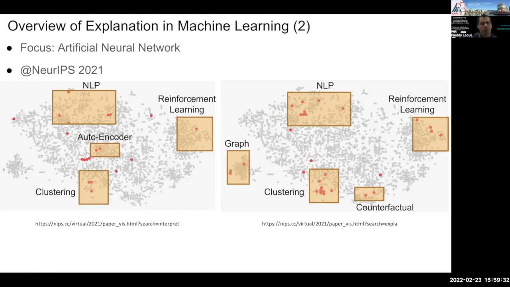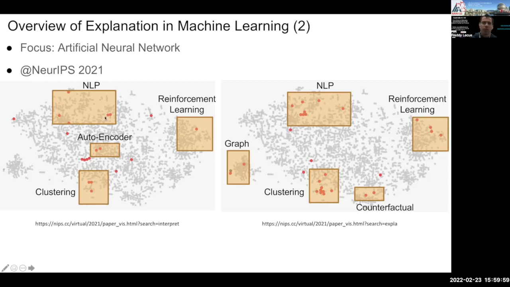And you see the different groups. Here the gray dots are papers, and the red ones are papers with explanation-related contributions. You can see the 2021 trends, which is actually the trends from 3 months ago at NeurIPS, showing where papers are getting published in the field.